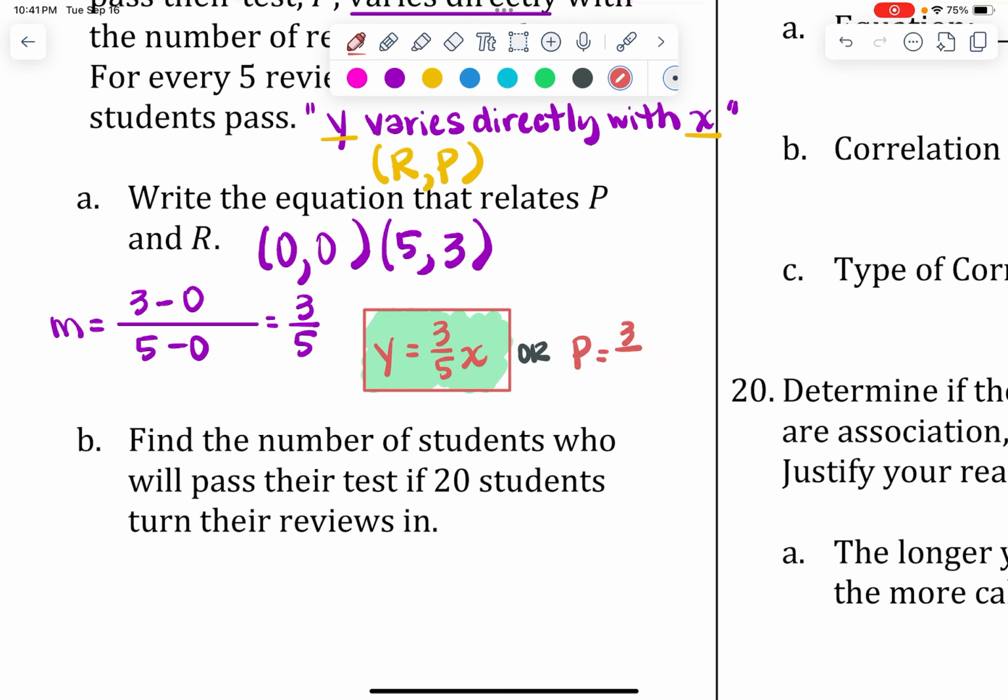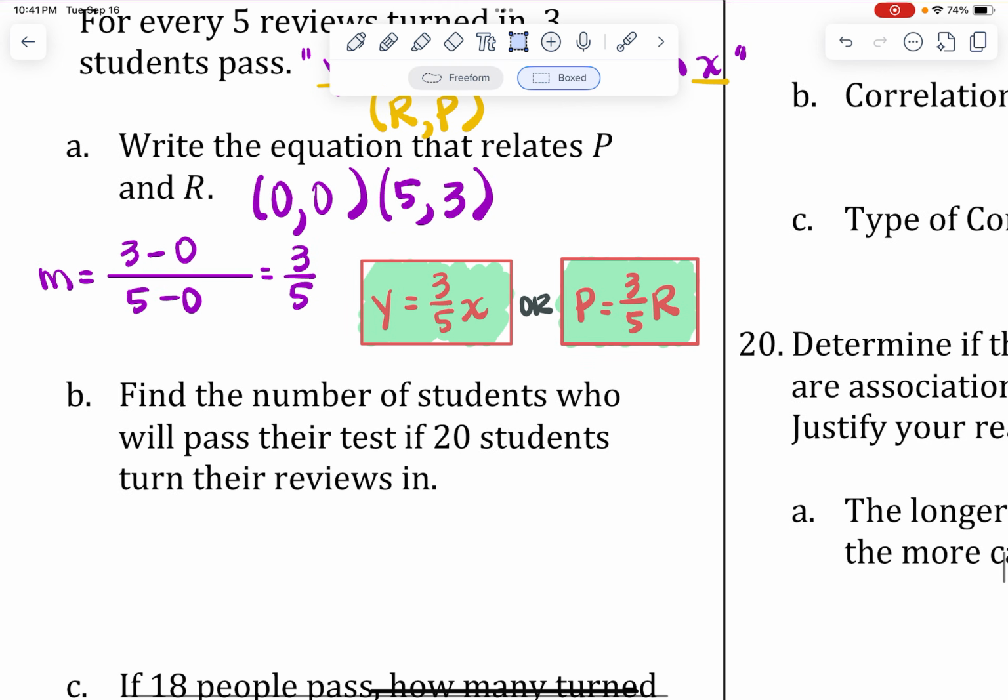And my X's are R's. So I'm going to write it as P equals 3/5 R. And that actually makes it a little easier when I'm given values to plug in because I know what P and R stand for, much easier than I know what X and Y stand for. Again, I'll take it either way, but this might help us a little bit more.